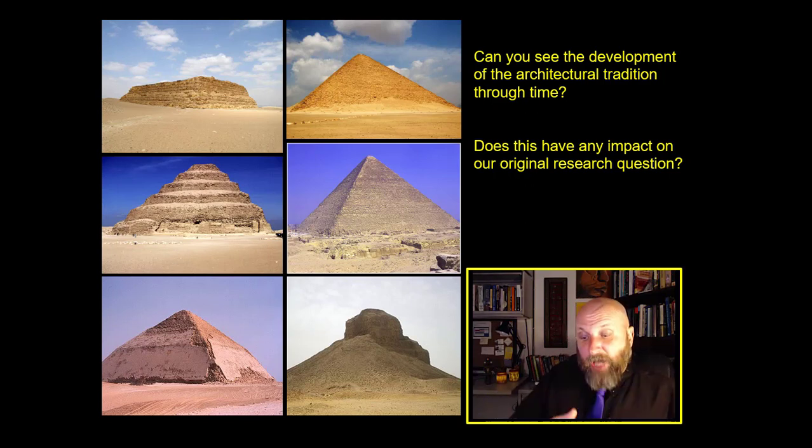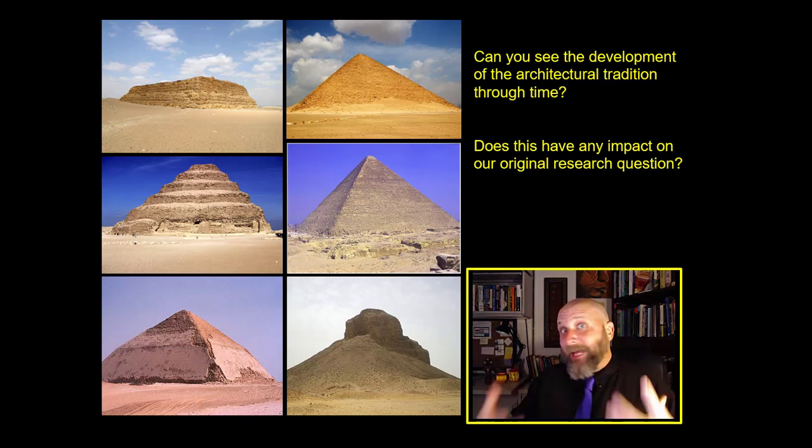And we go from mastabas to the Step-Pyramid of Djoser, and even the failed pyramid at Meidum. And then we end up with the bent pyramid, the red pyramid, the Great Pyramids of Giza, and then at the end of the tradition, the ugly mud brick pyramids of the Middle Kingdom.